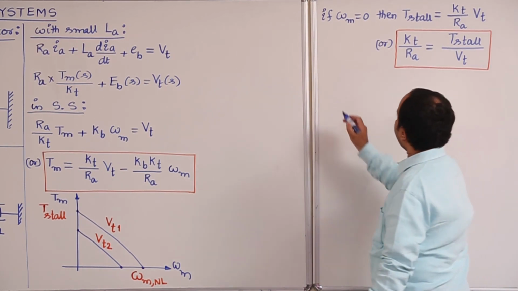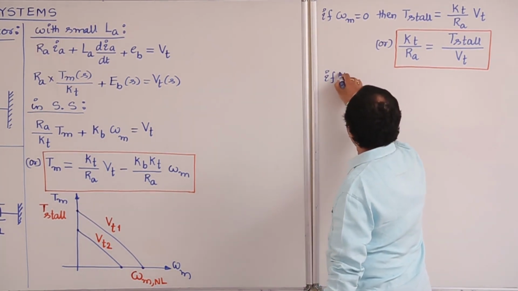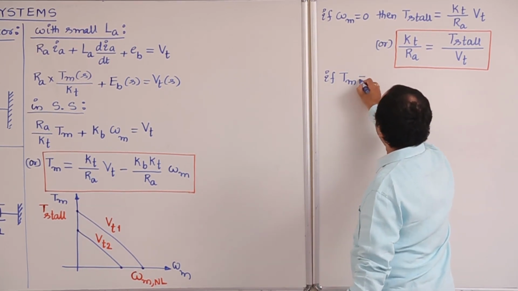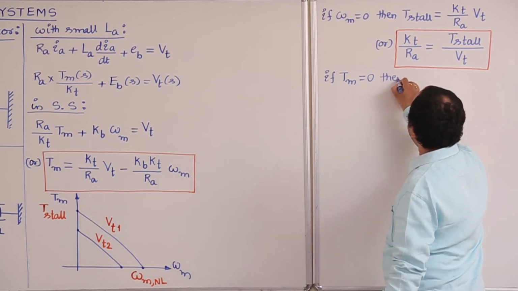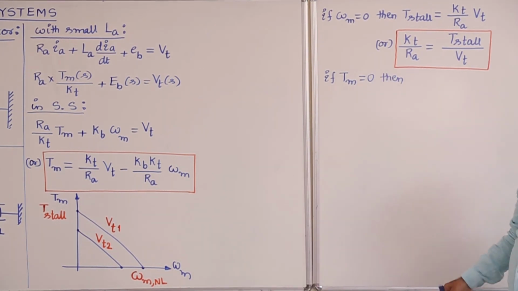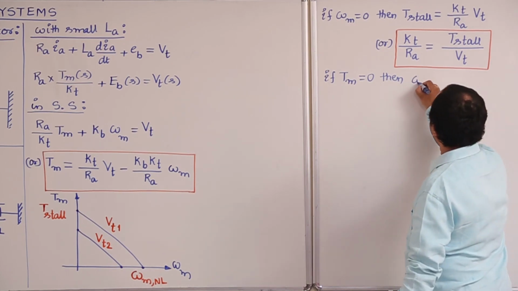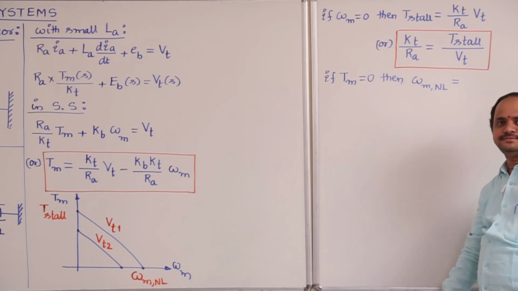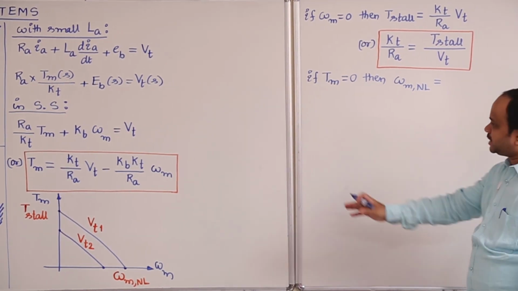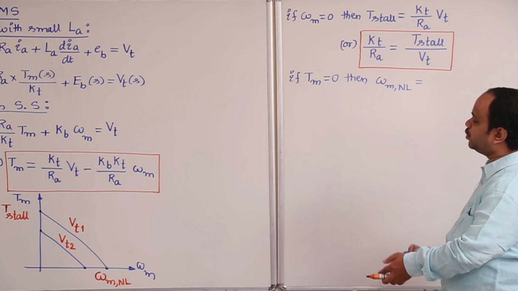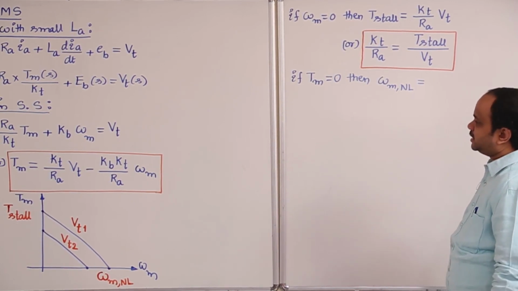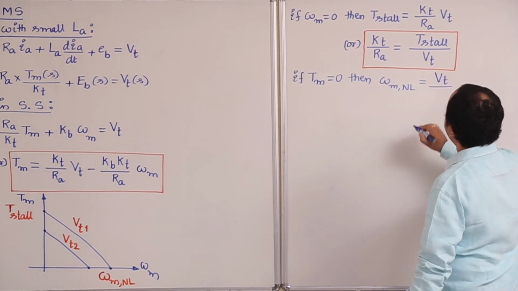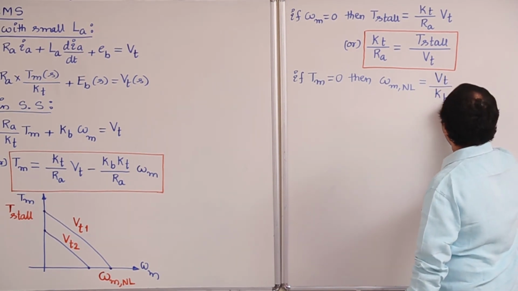Next, if Tm is equal to 0, then the corresponding speed is called no load speed. If Tm is equal to 0, how can you express the speed term? You will get Vt upon Kb.